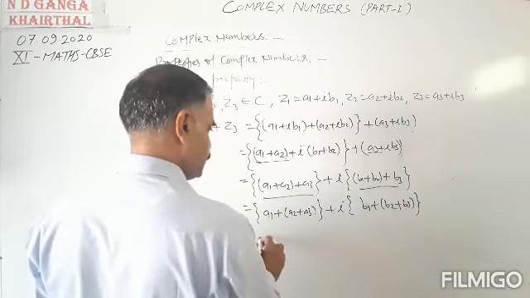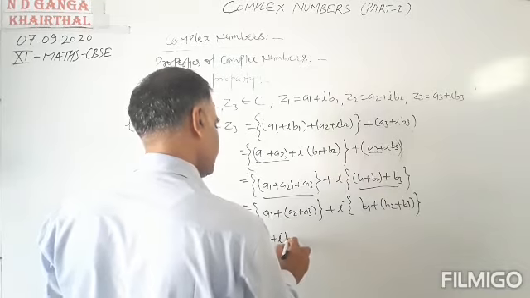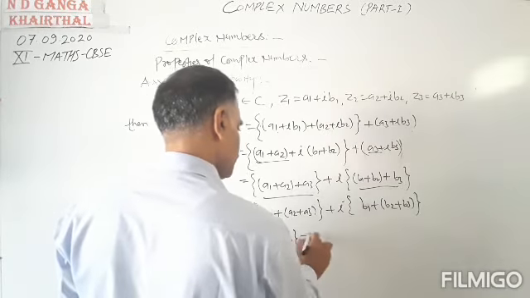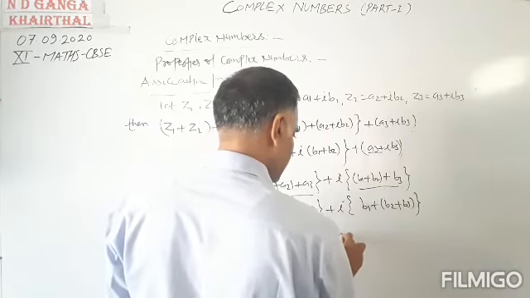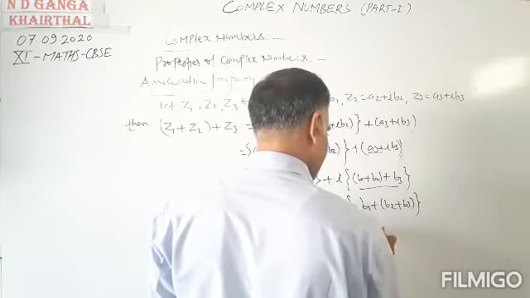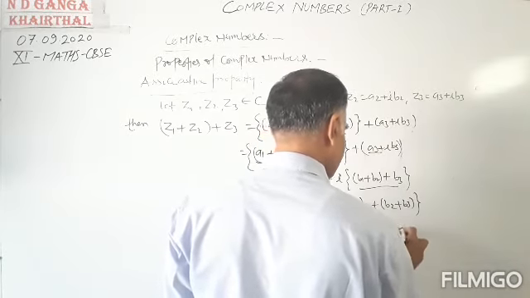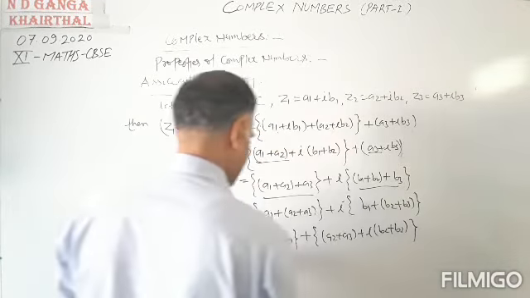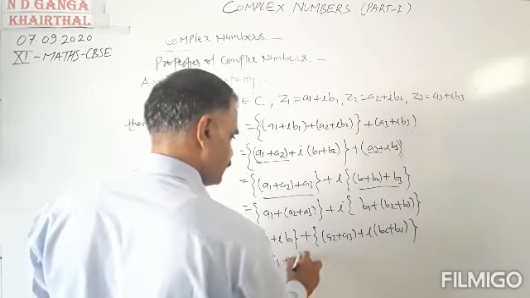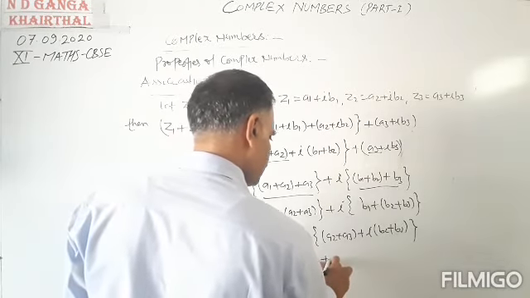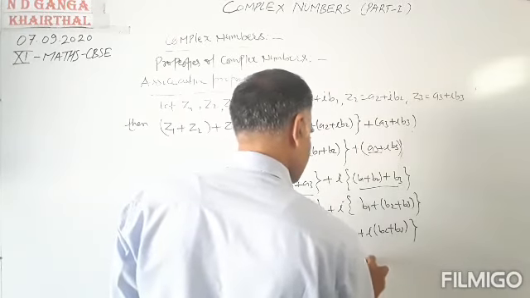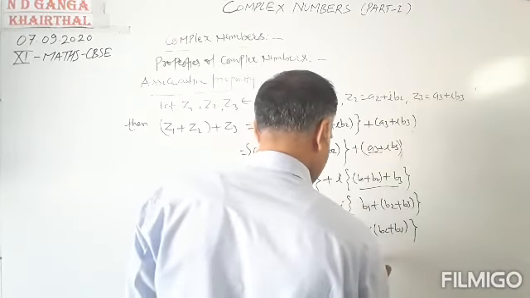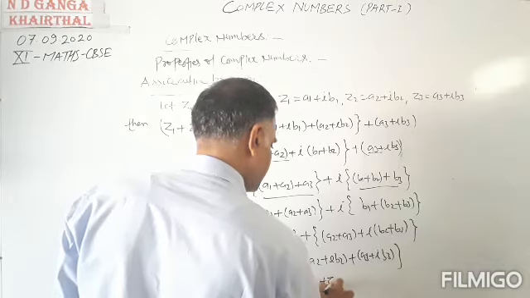And this is equal to A1 plus iota B1 plus A2 plus A3 plus iota B2 plus B3, and this is equal to Z1 plus A2 plus iota B2 plus A3 plus iota B3. So this is equal to Z1 plus Z2 plus Z3.